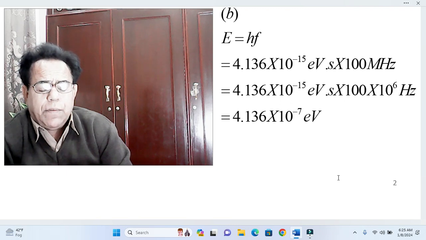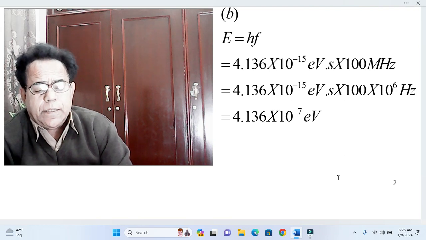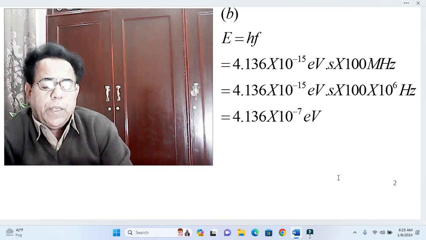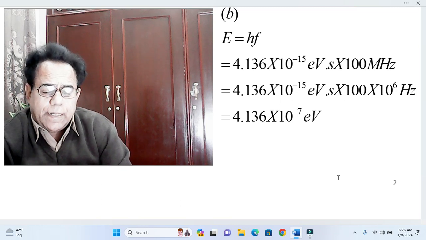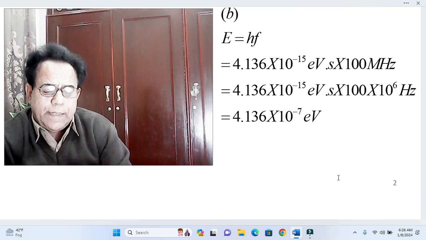And we have already described that hertz and second are reciprocal of each other. Hertz means second inverse or 1 over second. So here second and hertz will be cancelled out, and our energy E will become equal to 4.136 into 10 raised to the power minus 7 electron volt.